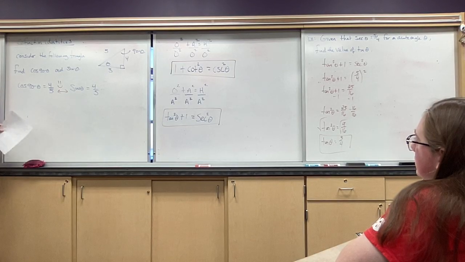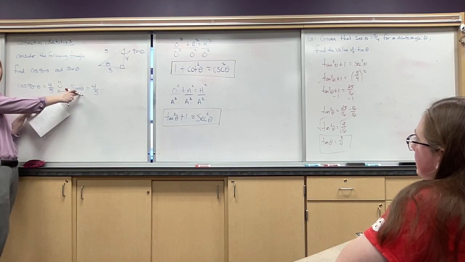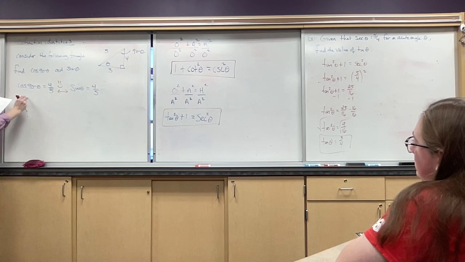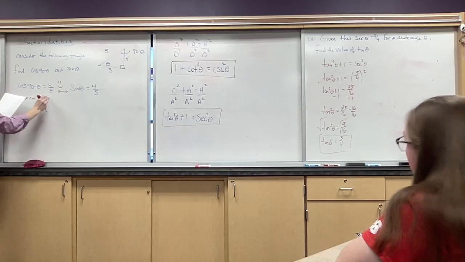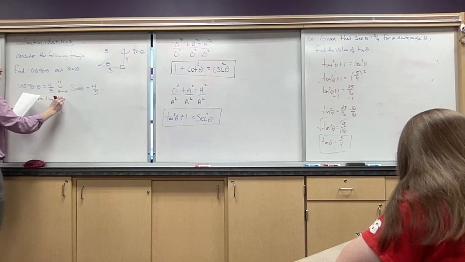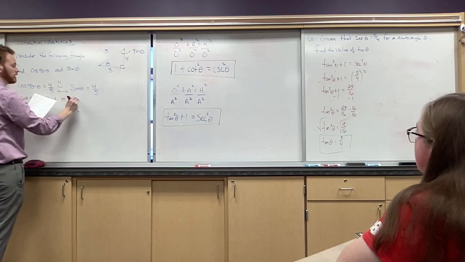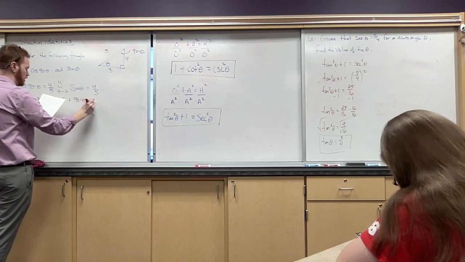So this happens when these guys are part of complementary angles, because these are complementary to each other, okay? So we can see that theta plus the 90 minus theta equals 90 degrees.